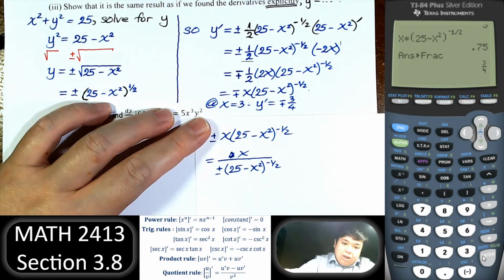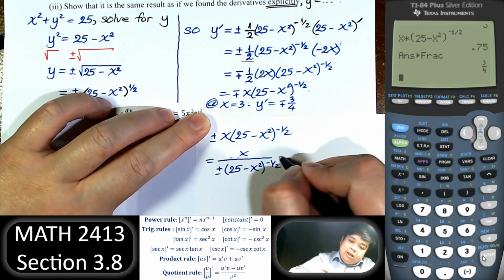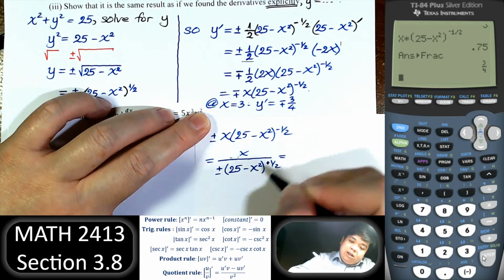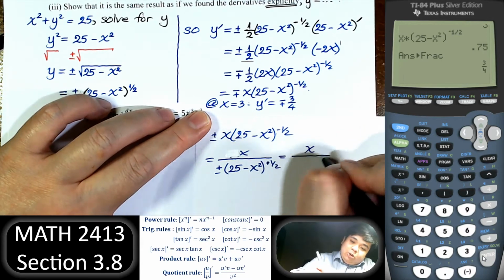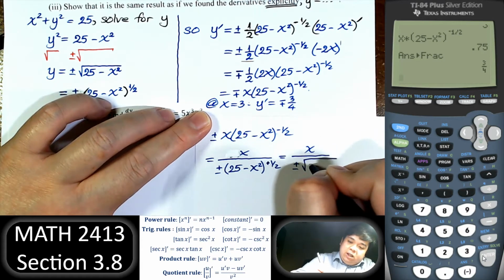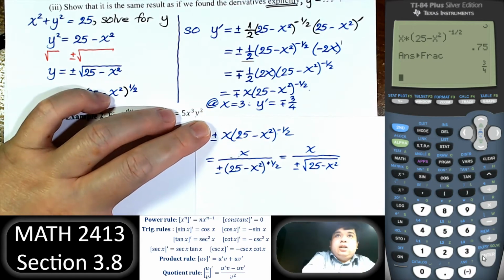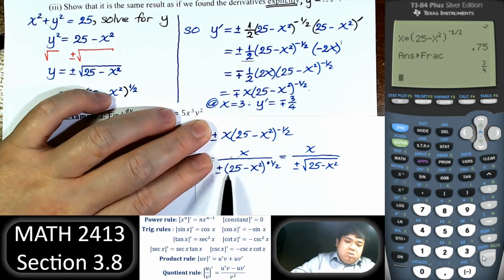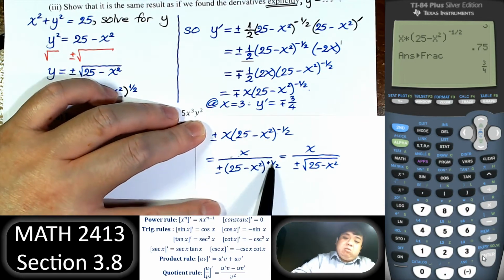Still fine, right? When we move to the bottom, the power becomes positive. That's what I forgot. So x over plus or minus the 1/2 power, which is the square root of 25 minus x squared. Right? So plus or minus, just move to the bottom. It's fine. Negative 1/2 moves to the bottom, power becomes 1/2.